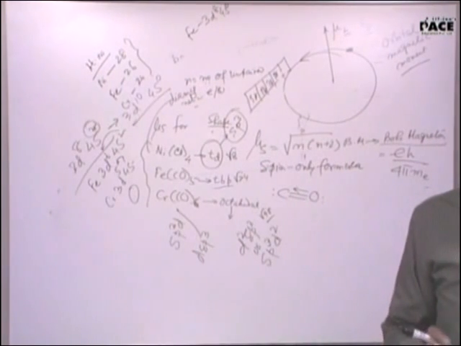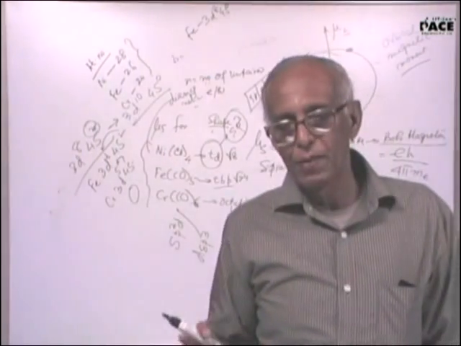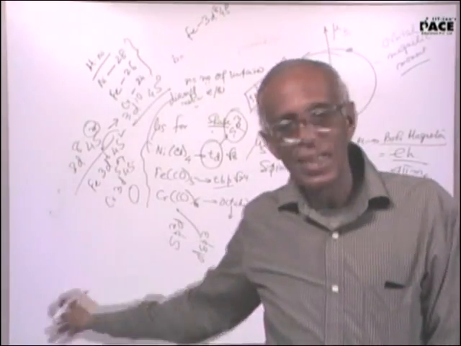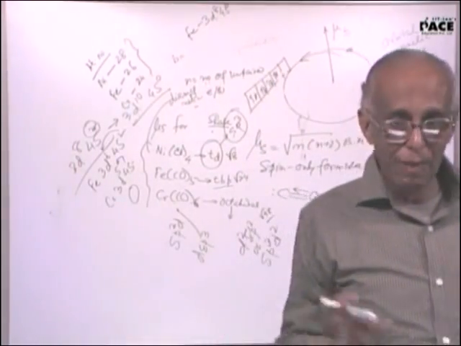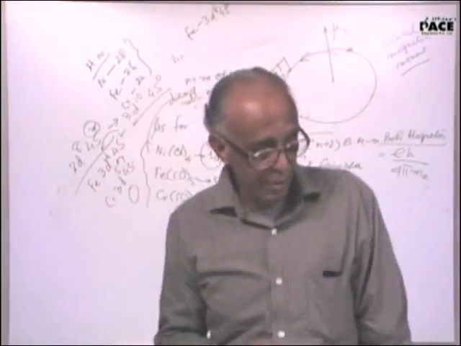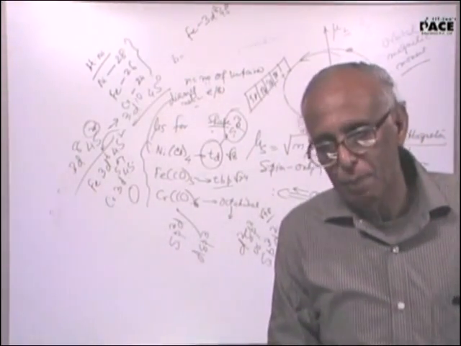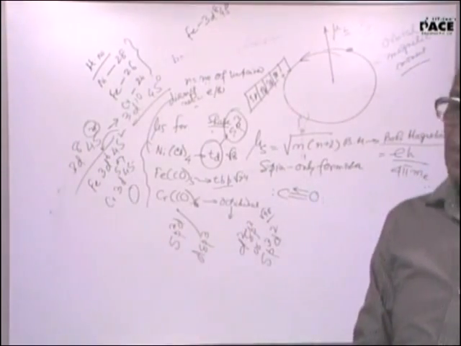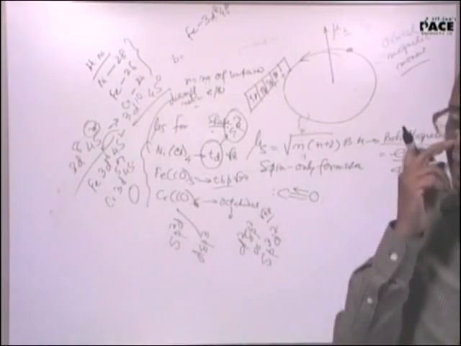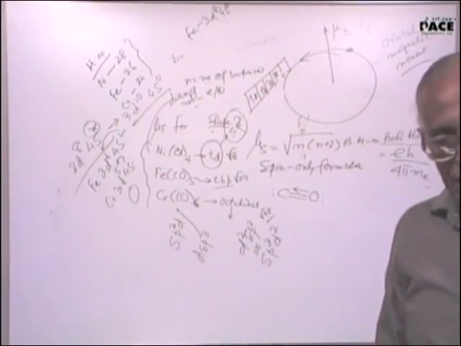Remember very carefully, so far they have not asked the spin-only magnetic moment for metal carbonyls. You can see yourself that it could give a very wrong value unless you follow what I said just now. I will not have the proper hybridization, the proper magnetic moment, or the proper shape unless I transfer the S electron to D and pair all the electrons.